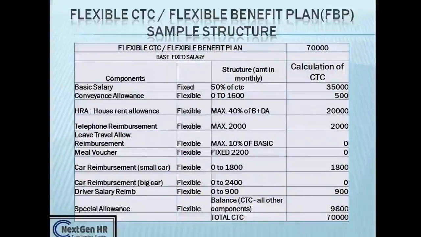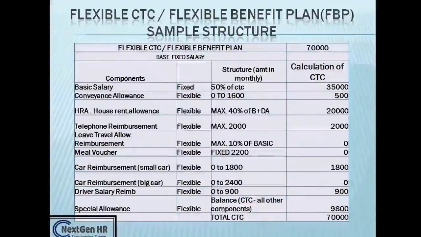So when you talk about conveyance, for example, it is 0 to 1600. He can structure his conveyance anywhere from 0 to 1600. So for example, in this situation, he may opt for 500 rupees if he feels that is what he wants. But please remember that conveyance does not have any income tax benefit for this financial year.